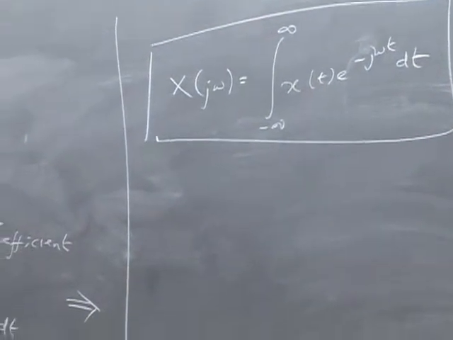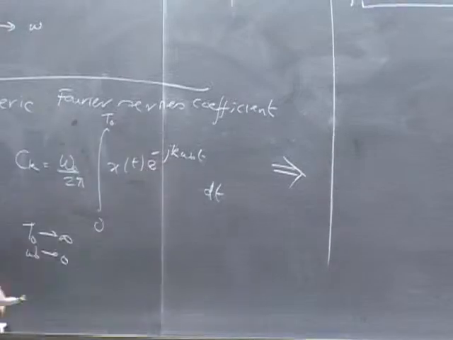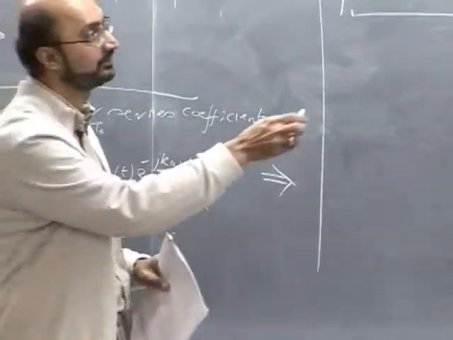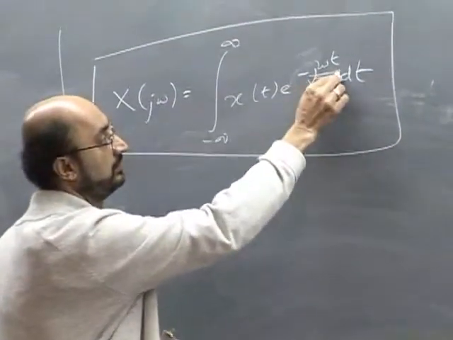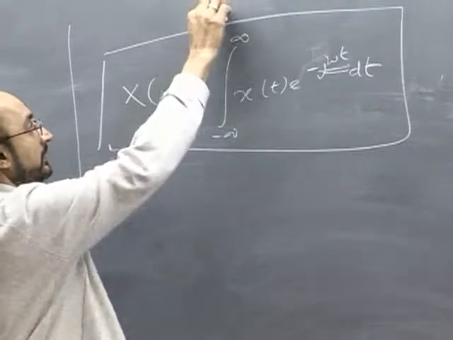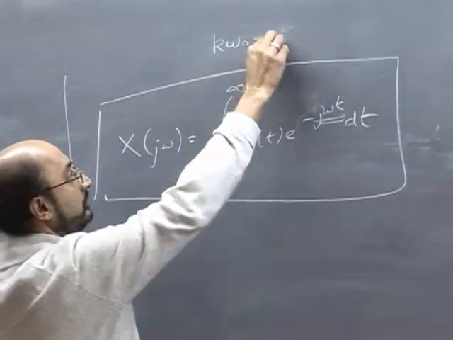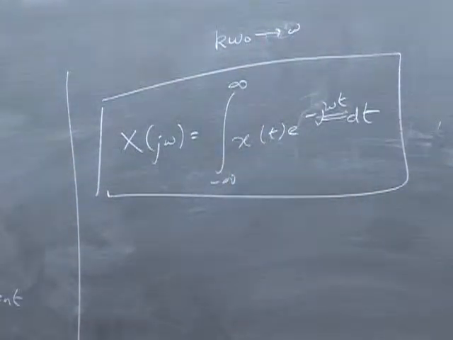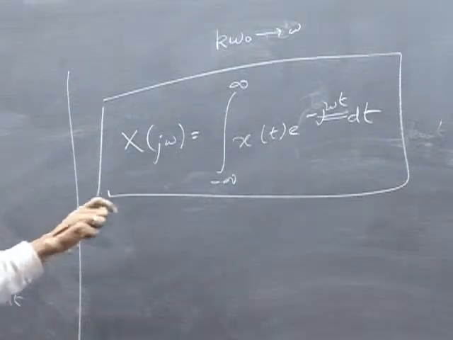And then we have x(t), the same as before. Instead of taking j k omega naught, we just take j omega t, so that k omega naught is just omega. And that's exactly as we would want. We would want to make these samples extremely close to each other. And then the ck becomes basically x of j omega.